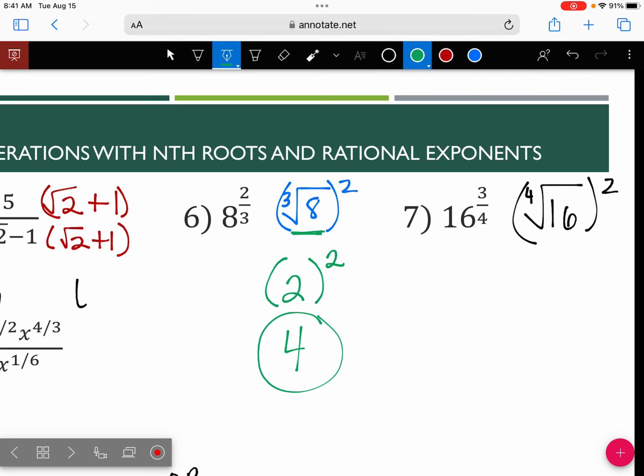Now the 4th root of 16, not the square root of 16. What number to the power of 4 is 16? 2. The 4th root of 16 is 2. So again, oh, that's supposed to be a 3 on the outside. I did not mean to put a 2. Let me fix that, sorry.